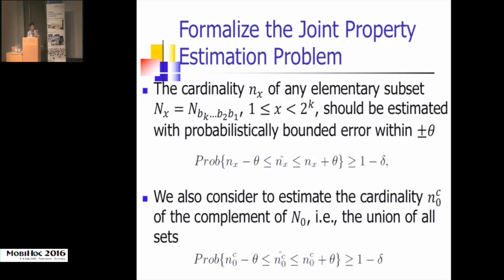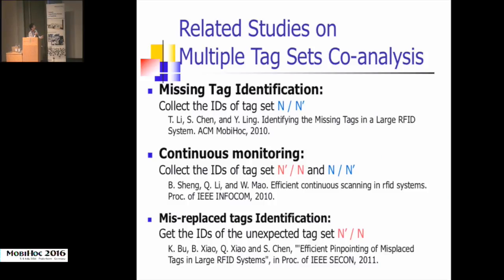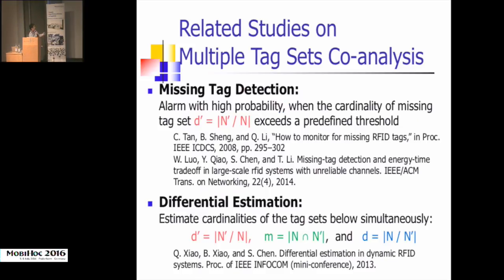So this is a research problem not confined within the RFID research domain, but also useful in many other research domains. For the related studies about multiple tag sets, there are many, like missing tag detection, identification, continuous monitoring, unknown tag identification and estimation, and differential estimation.